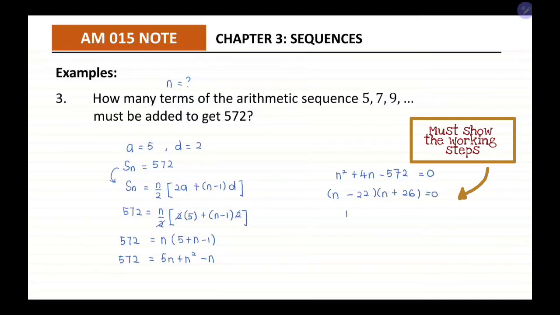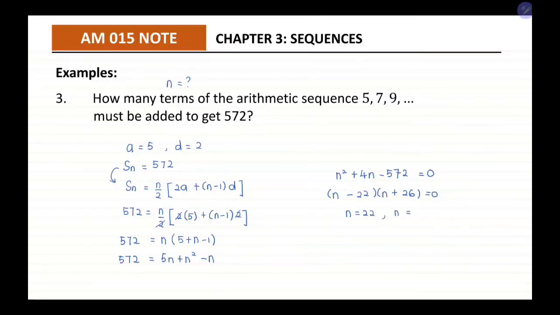So we get n equals 22 and n equals negative 26. Since n is how many terms, we conclude our n is a positive number only. Terms means we can count, so we just take the positive value. So n equals 22.